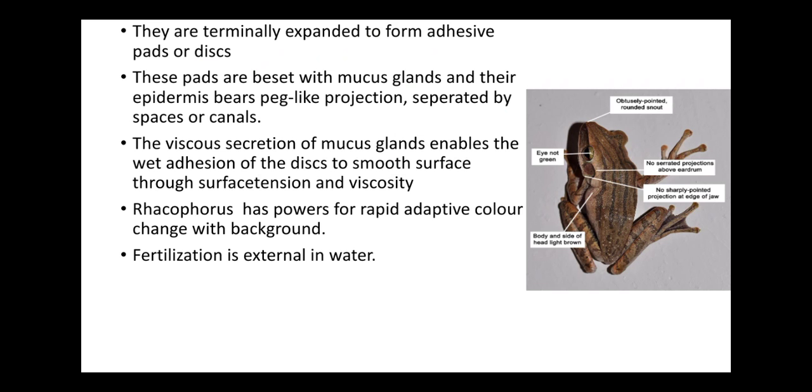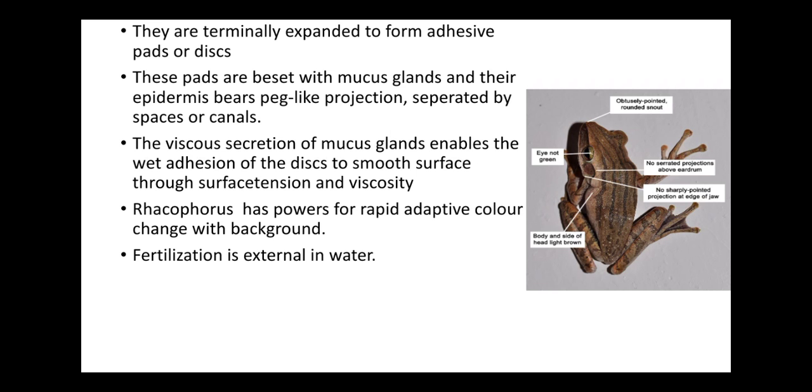are terminally expanded to form adhesive pads or discs. These pads or discs help in attachment and climbing. These pads are beset with mucus glands and their epidermis bears peg-like projections separated by spaces or canals.